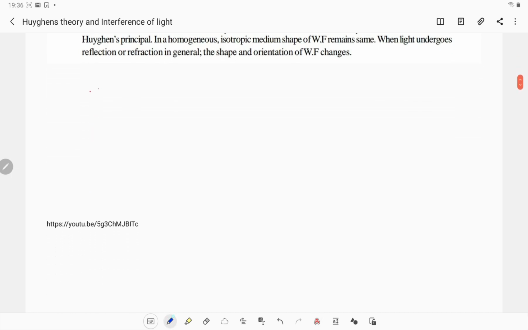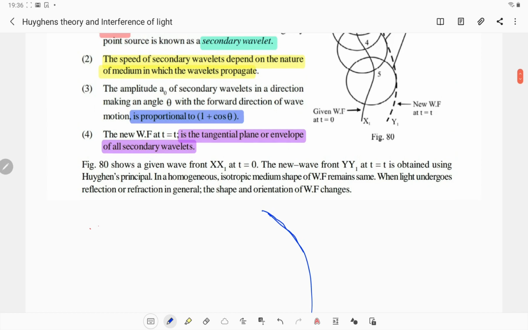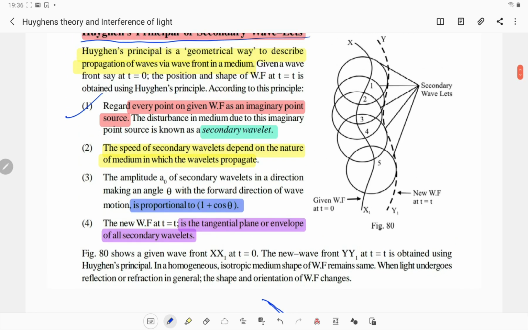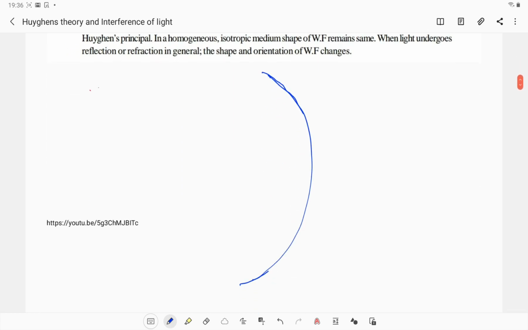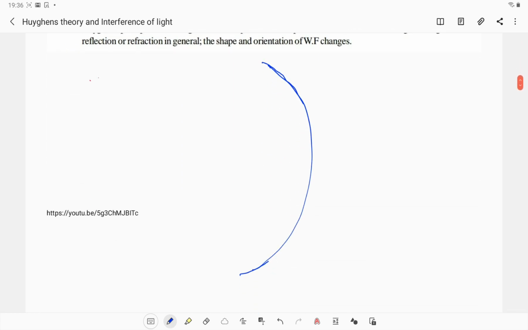See here, this is the primary spherical wavefront. According to the first point, every point on the primary wavefront acts as a source of secondary wavelets.